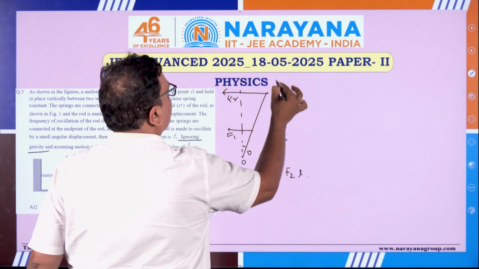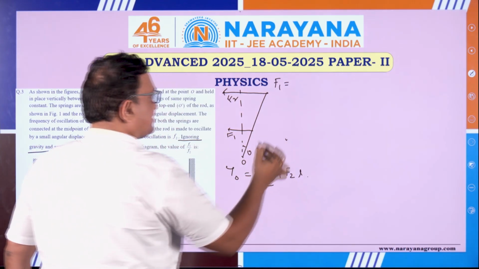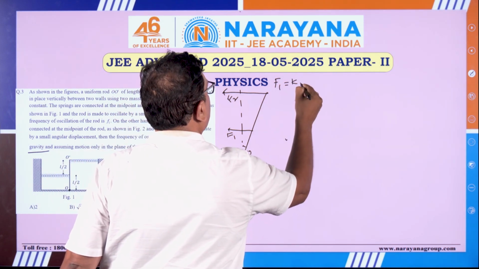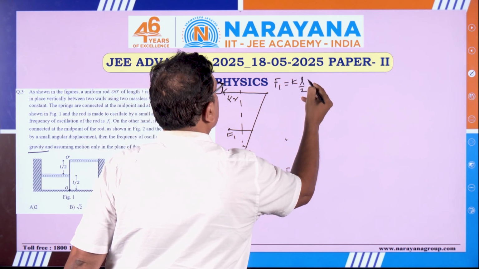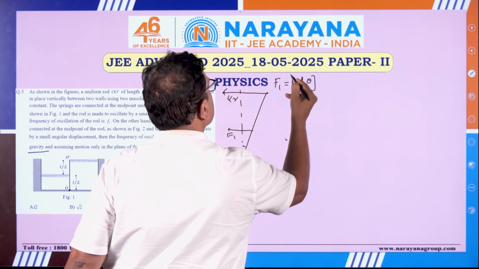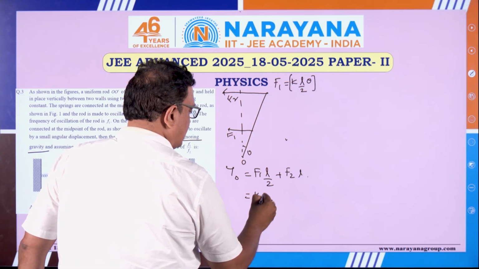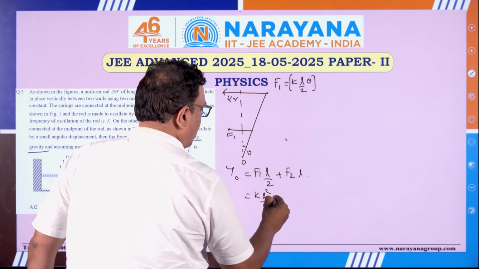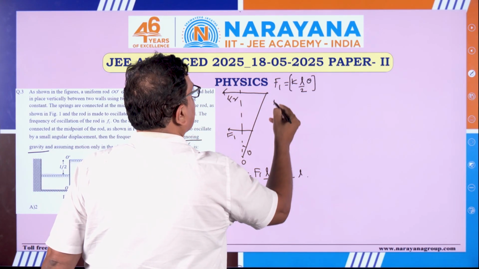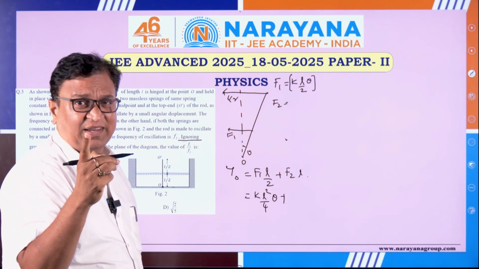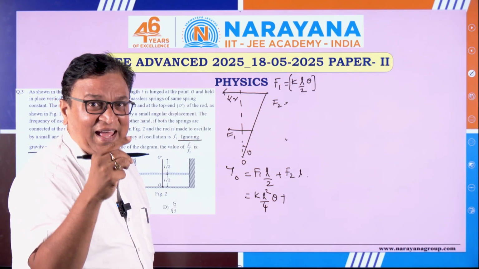Boys, what is F1? F1 is force. What is the force? K L by 2 theta. That is the force. So by the way, you have this one as K L square by 4 theta plus, by the way, what is F2? There the elongation is compression actually. Boys, compression L theta.